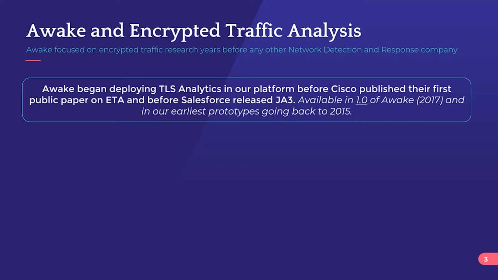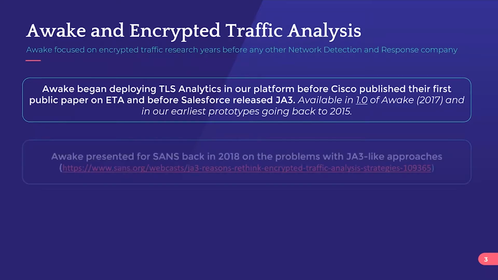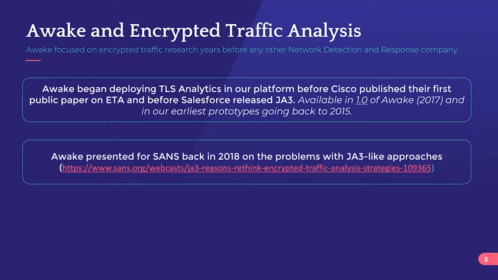We've been doing this for a while, not just researching it, but actually utilizing these approaches that I'll be talking about out in the real world for quite some time now. We've gotten out there and talked about some of our research and findings.